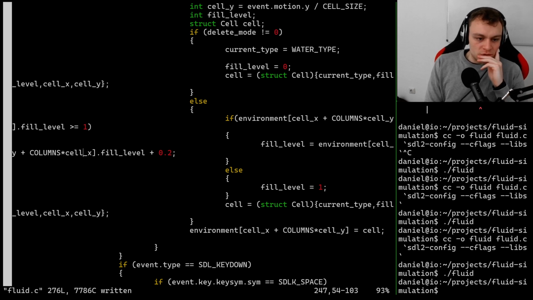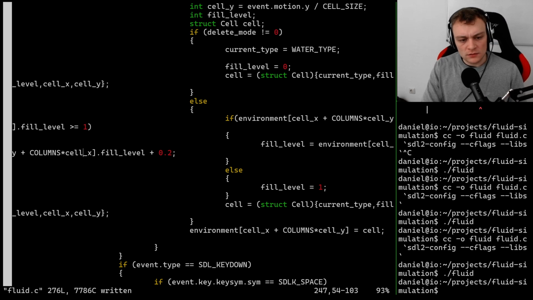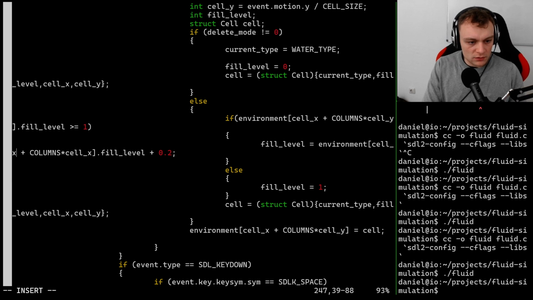Fill level is equal to the current fill level. Did I mix up the x and y here? Not sure.